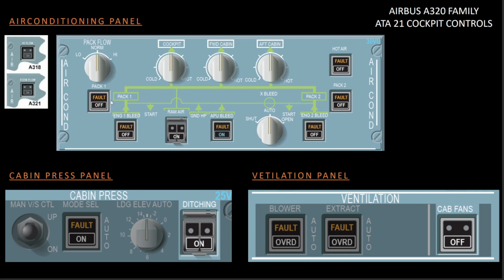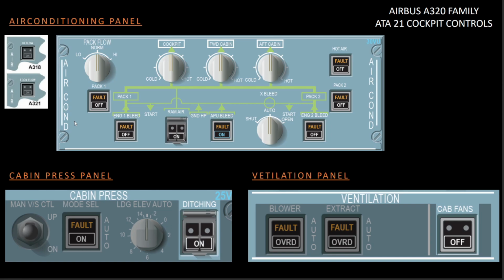So what is this pack 1 push button and pack 2 push button? Okay, so this is used to switch on or off the flow control valve. Now if you can remember, in the last lesson we discussed the flow control unit. There I told you that in the flow control unit there is a flow control valve, there is a torque motor, there are two pressure switches, there is one position sensor, and there are two solenoids.